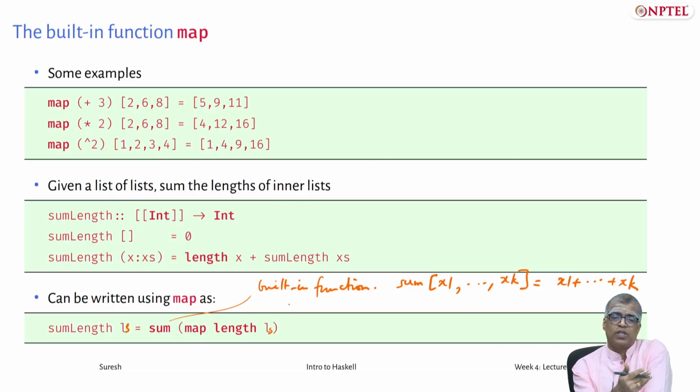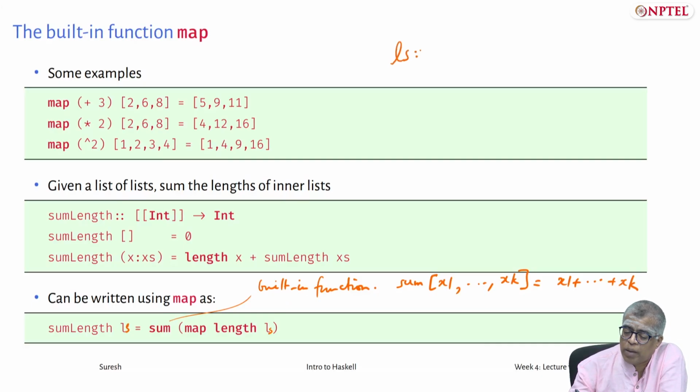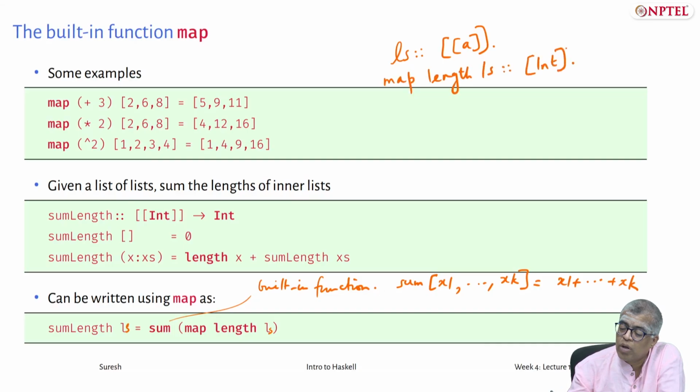Okay, you have a list of lists, we'll call it ls. You map the length function on ls, and then you sum the resulting list. So this ls is of type list of list of A, but map length ls will be of type list int, because each list of type list A is being mapped to an integer, right? You are computing its length.